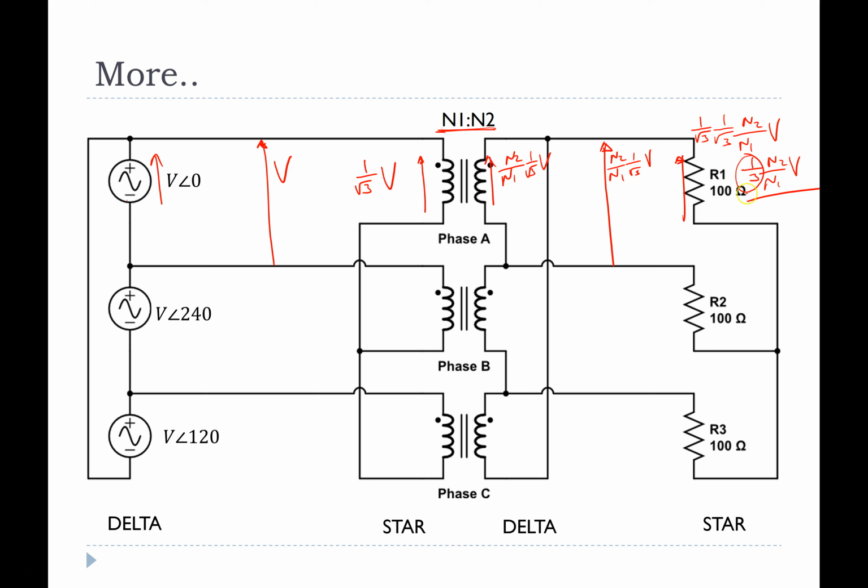And the reason for that might be the transformer configuration. The delta to Y configurations, because of the relationship between the delta and star phase and line voltages, you could in effect reduce the voltage or increase the voltage more than the turns ratio that is appearing on the load.